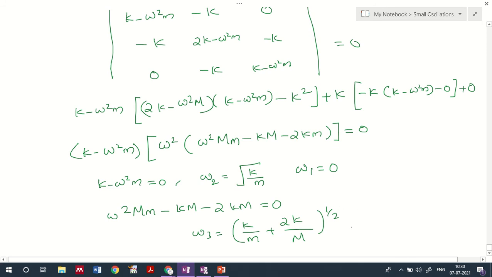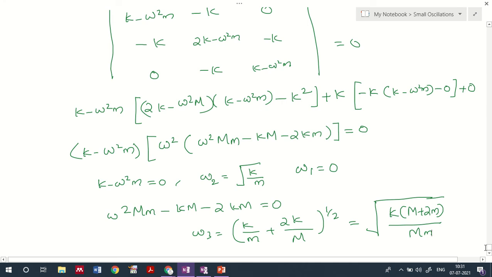This can also be represented as k into capital M plus 2m, divided by mM, under the root. This way also you can represent it.